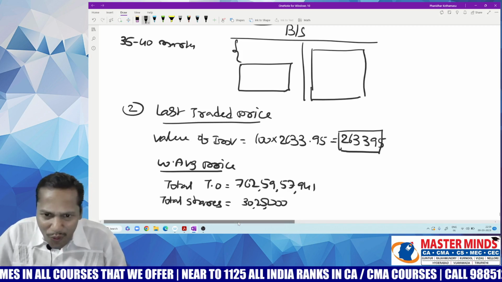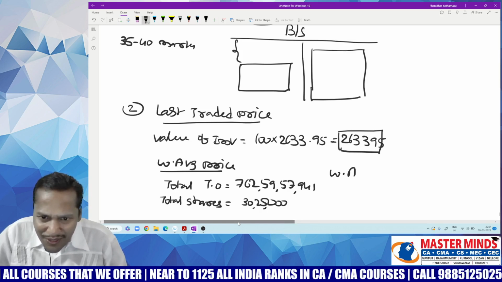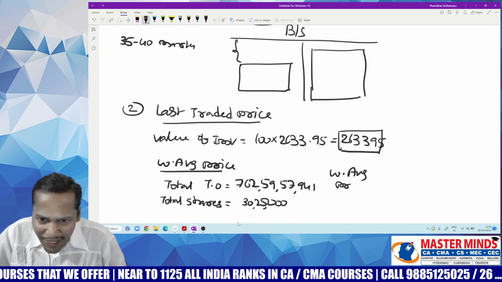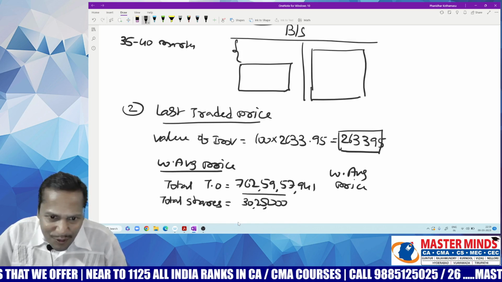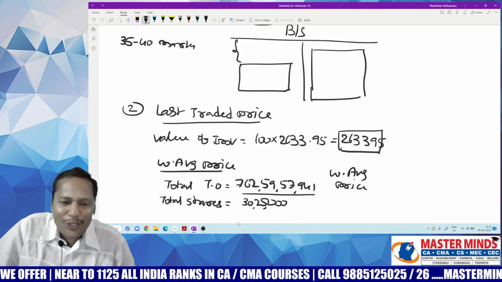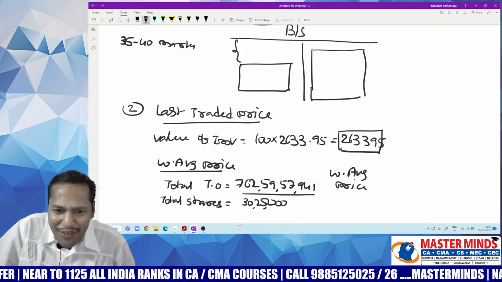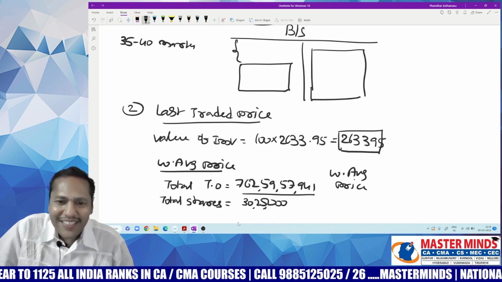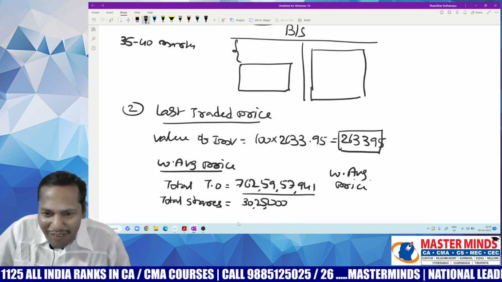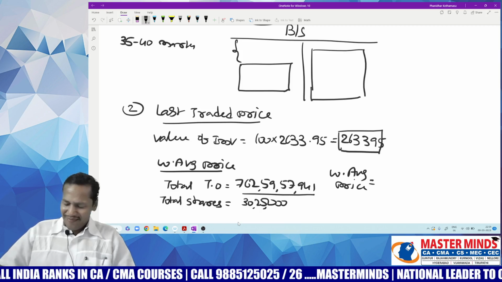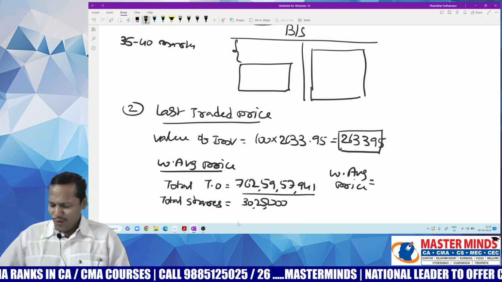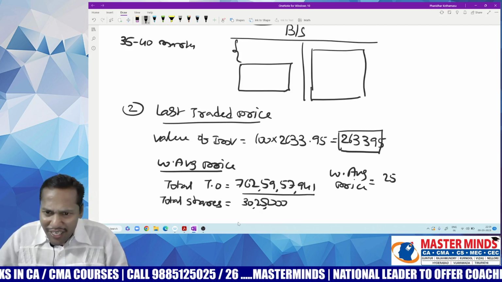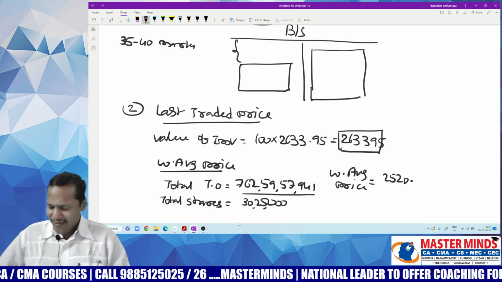That is nothing but a volume weighted average price. 762 crores 59 lakh 57,941 divided by 30 lakh 25,000. The average price comes to 2,520.93.